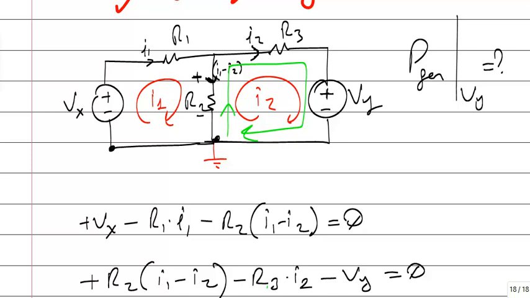So if you write Vy times I2, is it power generated by that source or power dissipated by that source? If the current enters from the positive terminal, the multiplication is power dissipated. So this is power dissipated. The question asks power generated, so I should say minus.